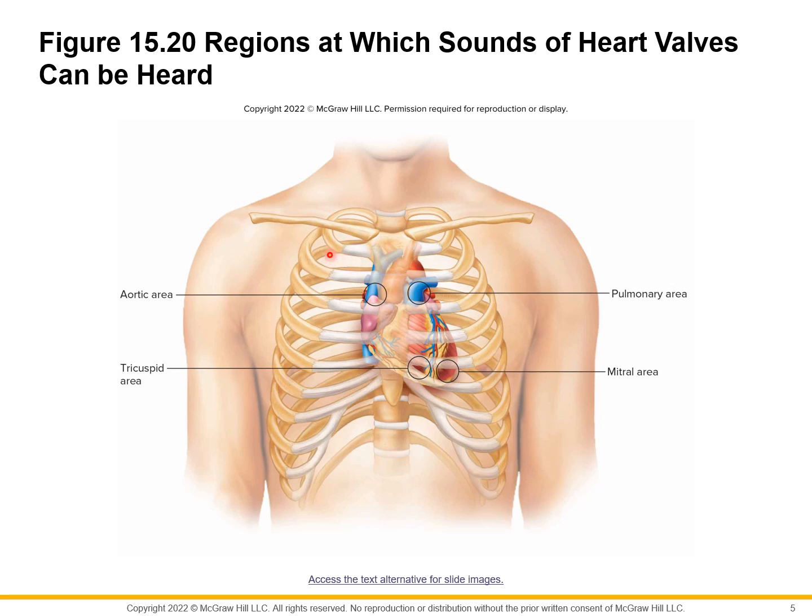As you see here, this is the first intercostal space, this is the second intercostal space. So if you put the stethoscope in the right second intercostal space, directly right to the sternum, you can hear the second heart sound better here, which is dub.